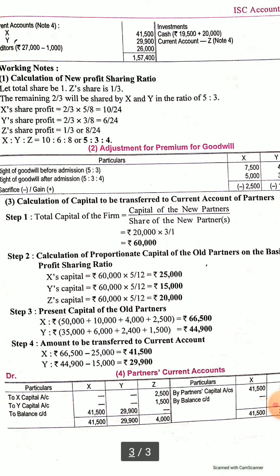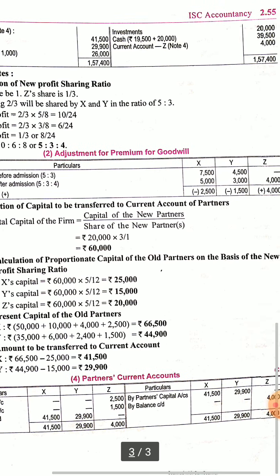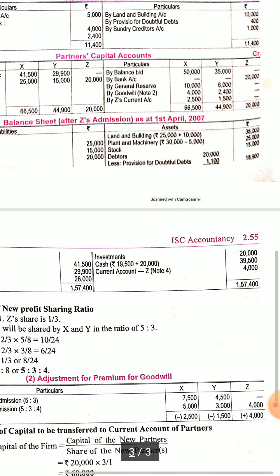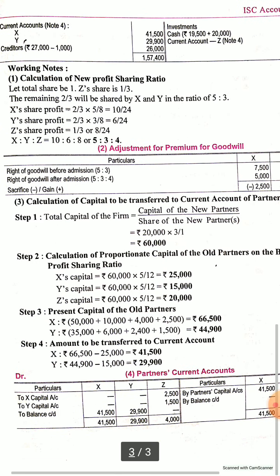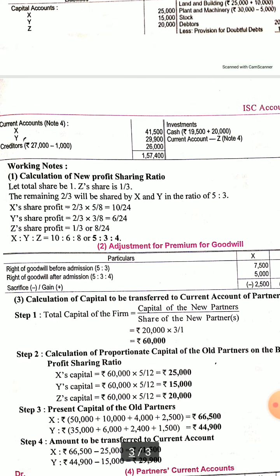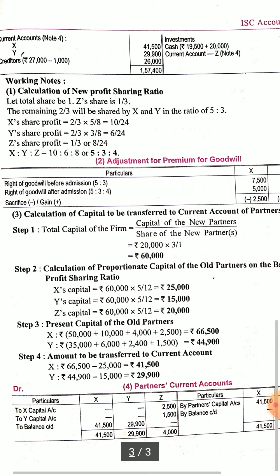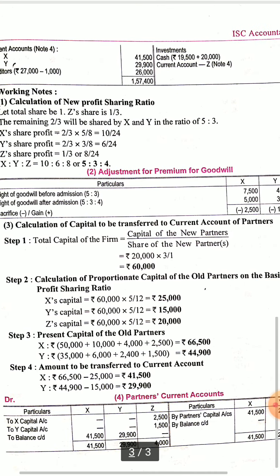But the present capital is, now we will add up all the adjustments. 50,000 was the old capital, 10,000 for general reserve. General reserve will be distributed among the partners. 4,000 for revaluation profit, and 2,500 for premium of goodwill.